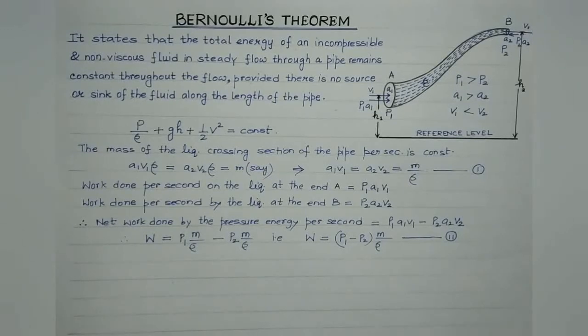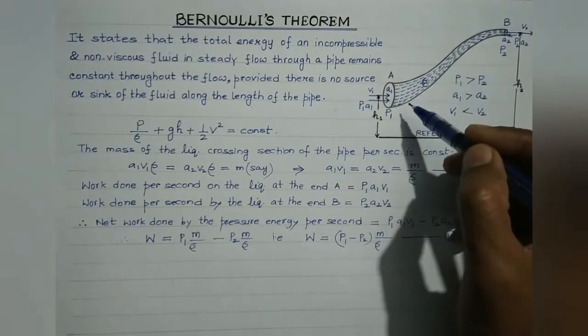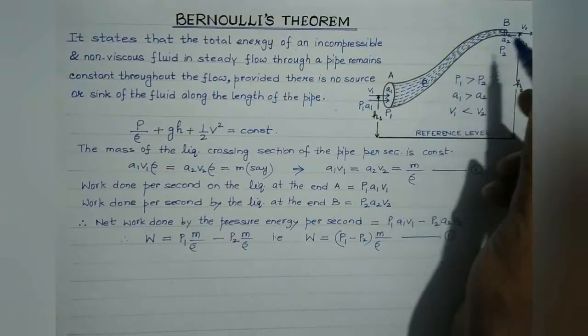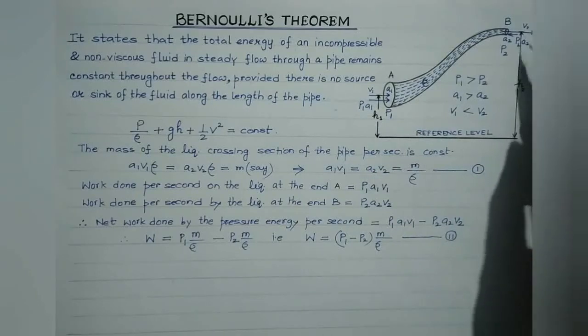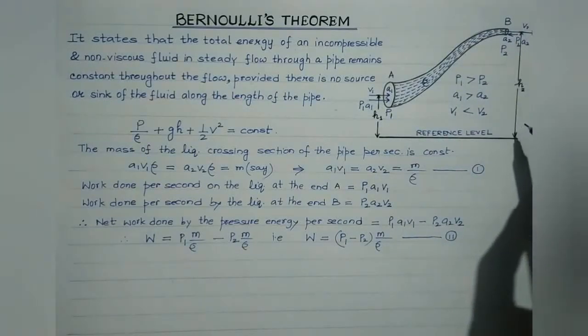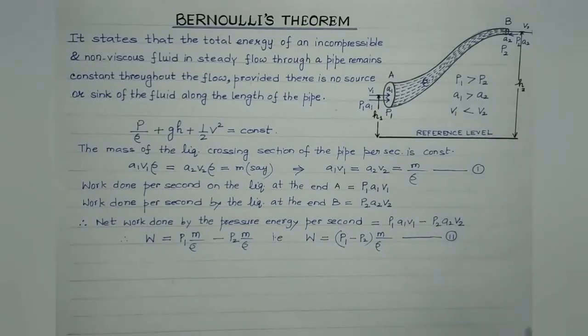Now students, when the mass m of the liquid flows in 1 second from end A to end B, its height increases from h1 to height h2. So it results in the increase in the potential energy of the liquid per second.